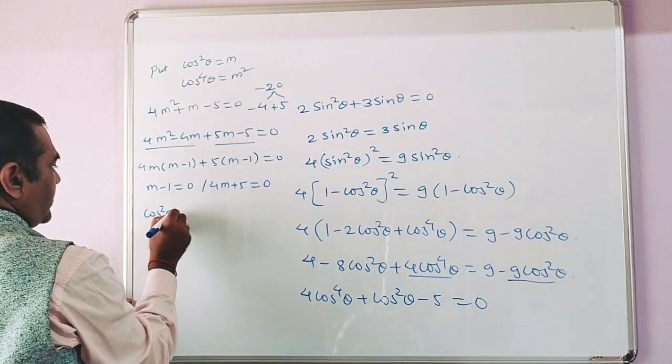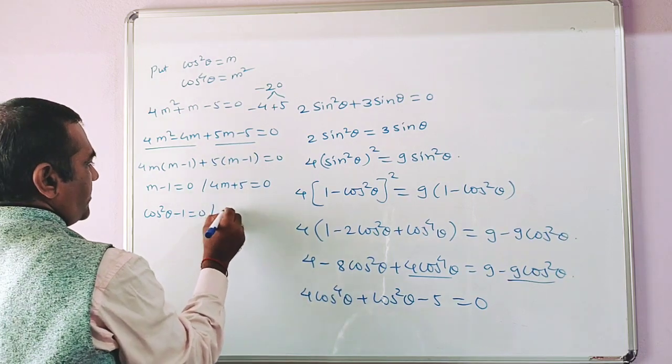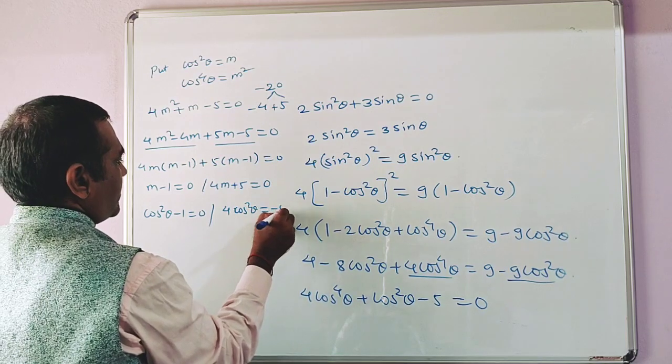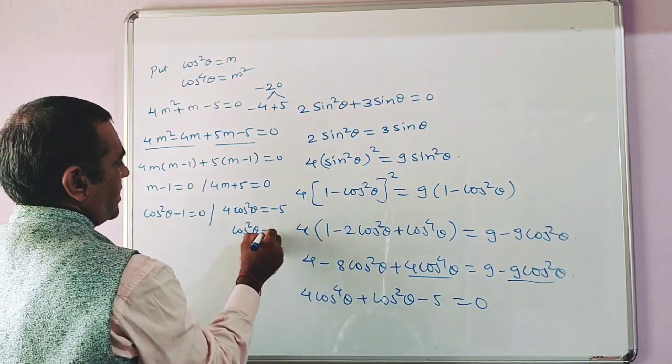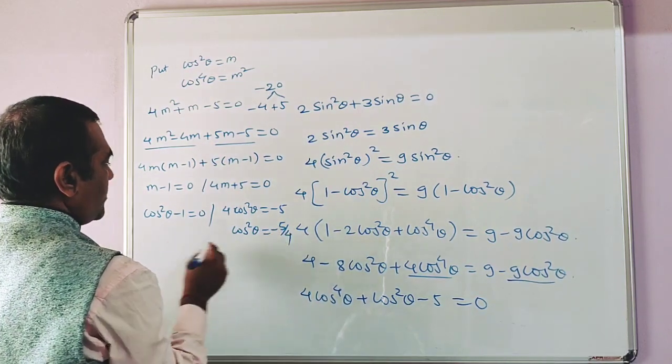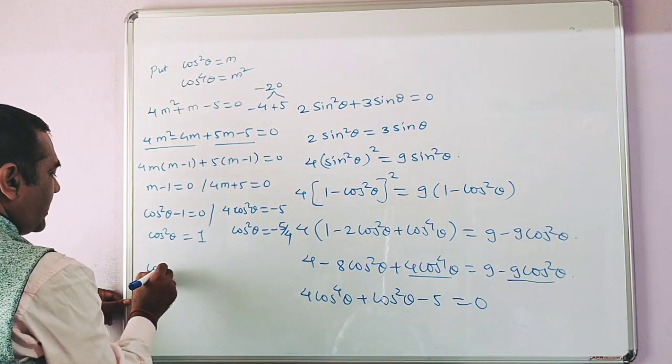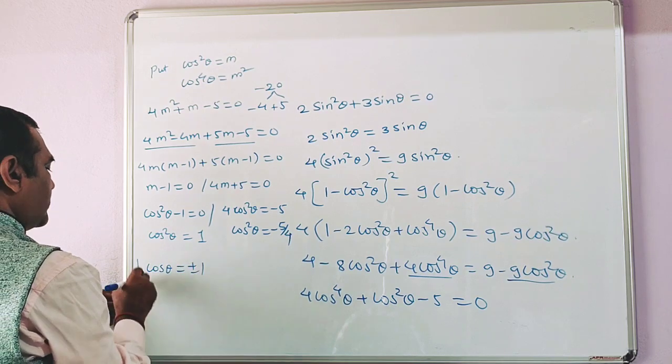m is cos square theta, so cos square theta minus 1 equal to 0, and 4 cos square theta is equal to minus 5. Therefore cos square theta is equal to minus 5 by 4, and here cos square theta is equal to 1. We can say here cos theta is equal to plus or minus 1.